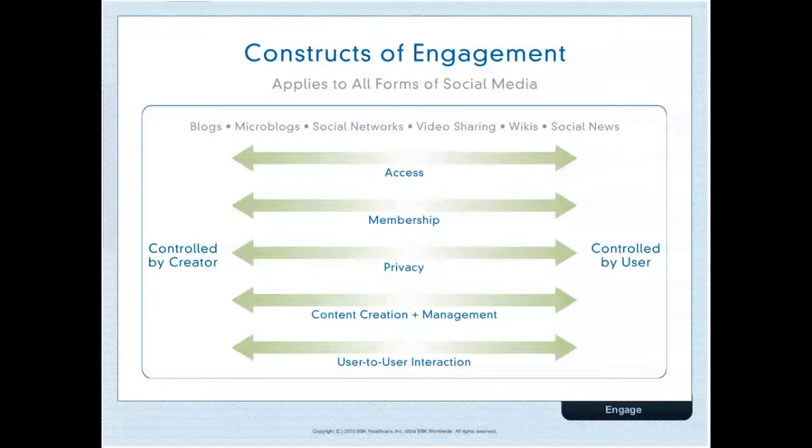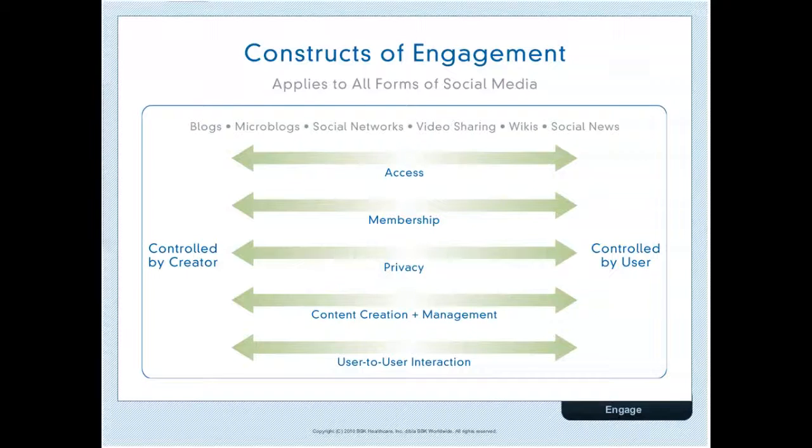So when moving forward, all social media offers a range of engagement options. Now, this chart demonstrates the scale of control. At one end, it emphasizes the creator's control over content, and on the other, it's the user's control.